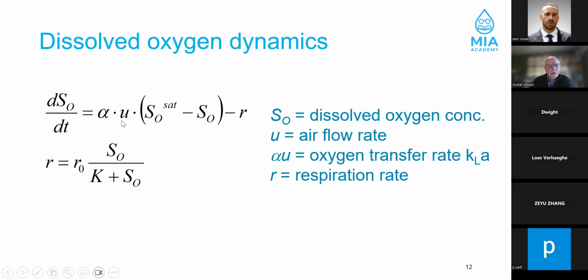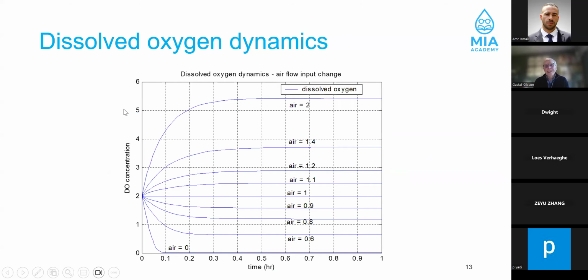And this term, the KLA, depends on the airflow rate. Well, this is nonlinear. And it also means, as you can see in this simulation, if you change the air from, let's say, 1 unit plus minus 10%, it's fairly symmetrical. If you increase plus 20 or minus 20, or plus 40, minus 40, then the response is no longer symmetrical.